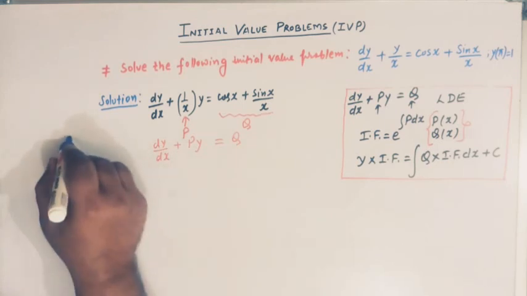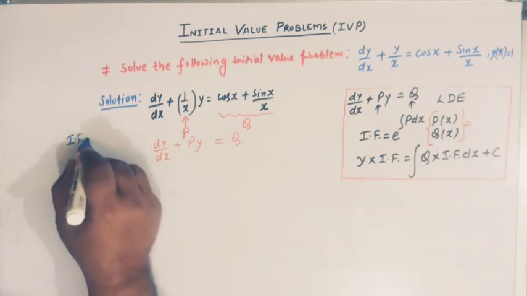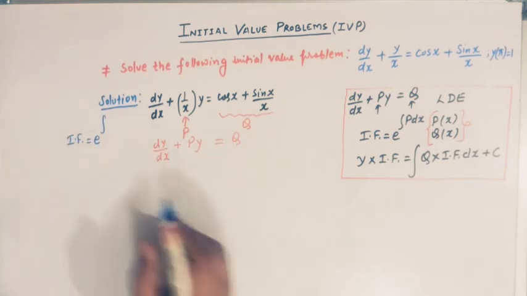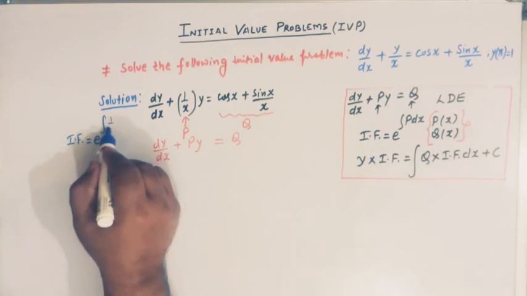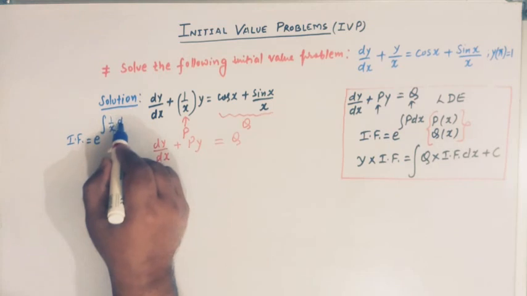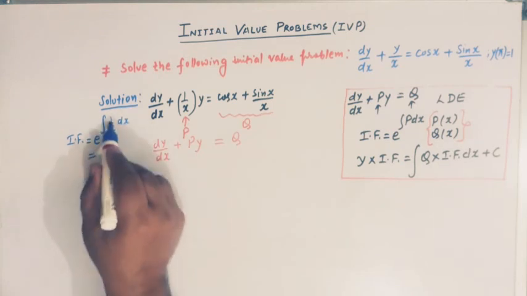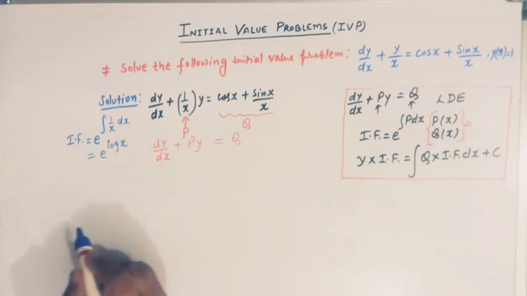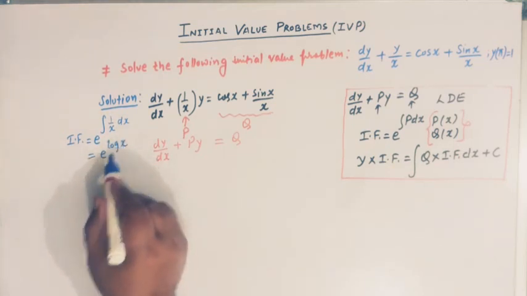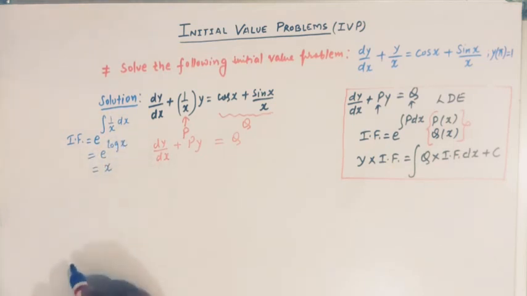Okay. So now let us first find the integrating factor here. So the integrating factor is e raised to the integral of p dx, and the value of p is 1 over x. The integral of 1 over x dx is log of x, and e raised to log of x is equal to x, right?